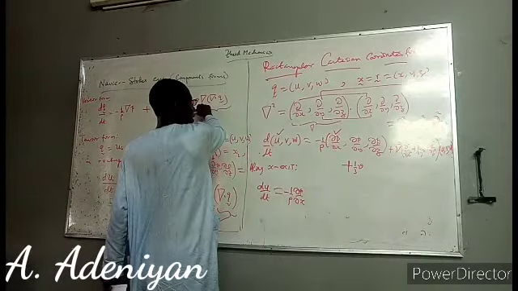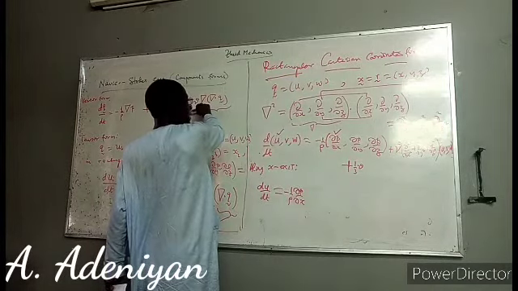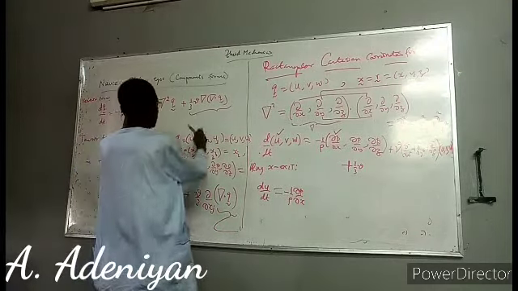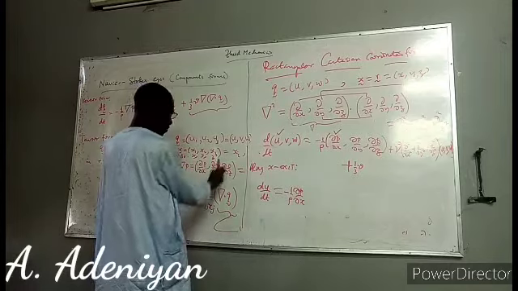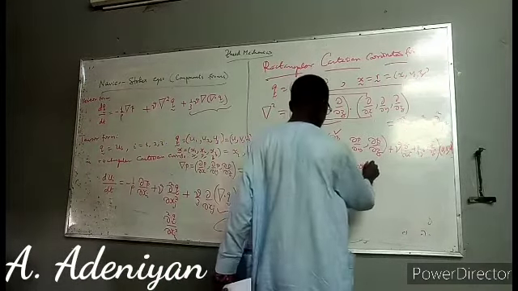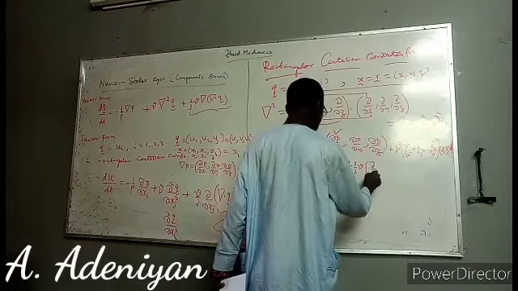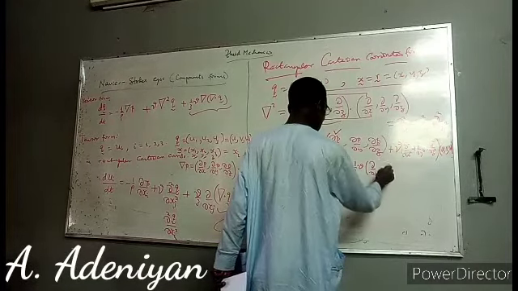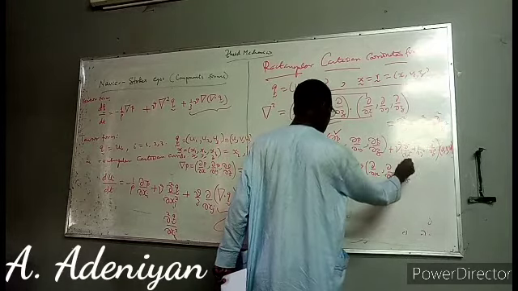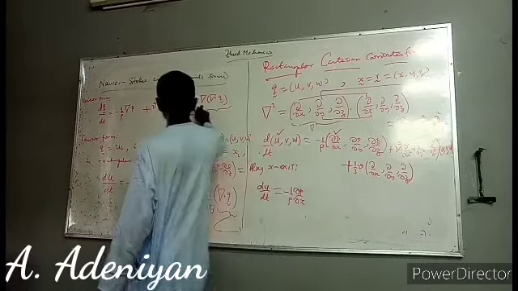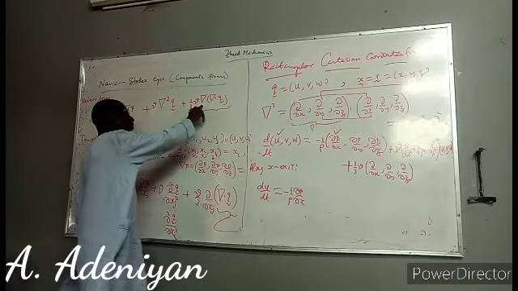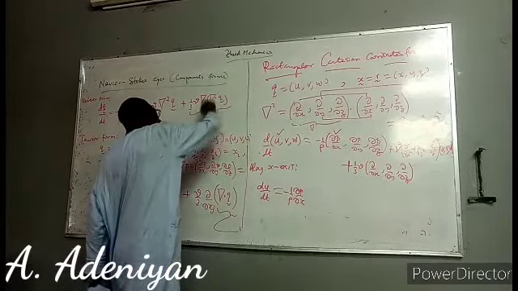Grad is just ∂/∂x, ∂/∂y, ∂/∂z. This stands for the del operator, the Hamiltonian operator. Then this, of course, is div q.